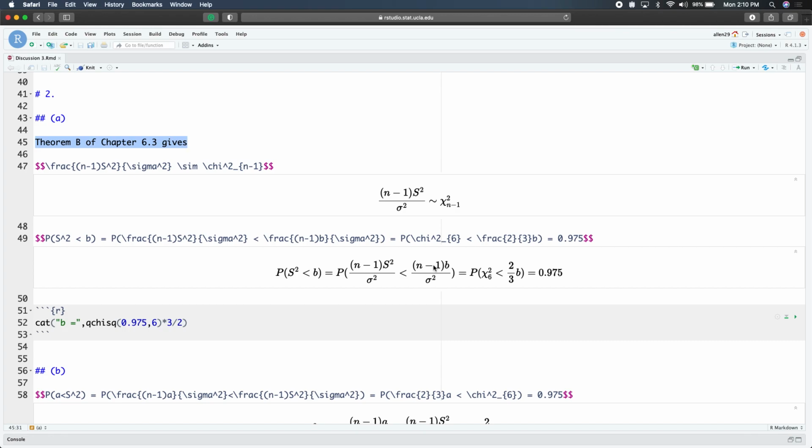In the question, we also have the values for n and sigma square, so we can just plug in the numbers and get 2 over 3 b. On the left-hand side, we have a chi-square with 6 degrees of freedom. From there, you can look up a chi-square table for the corresponding degree of freedom and probability, look for the quantile, and solve for b.